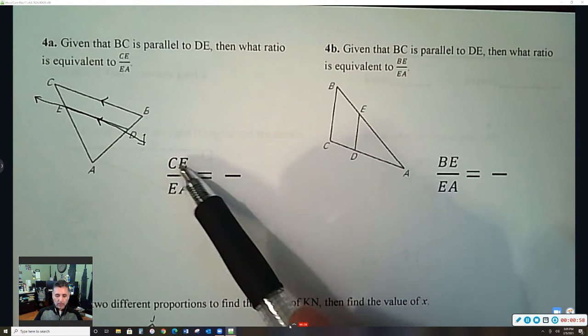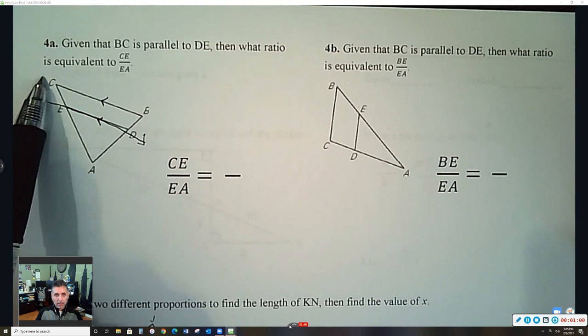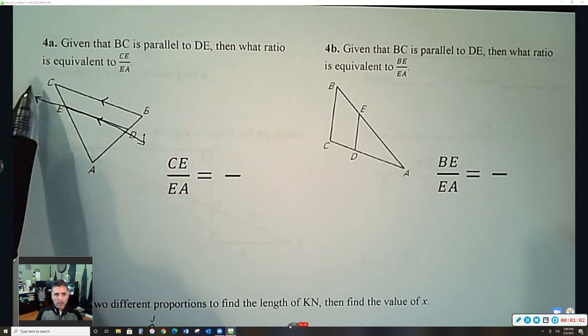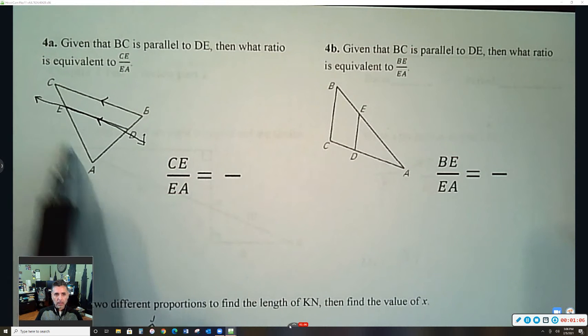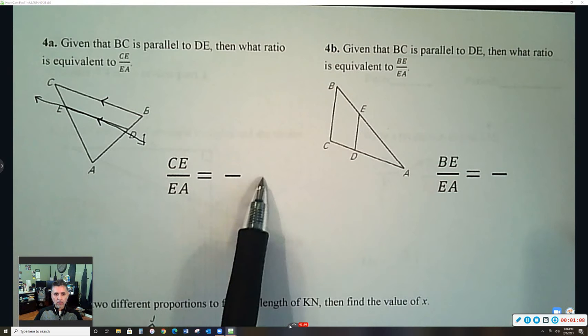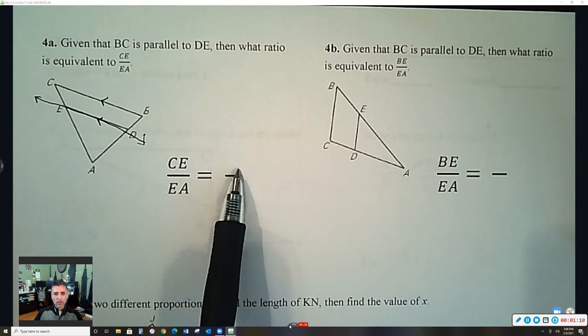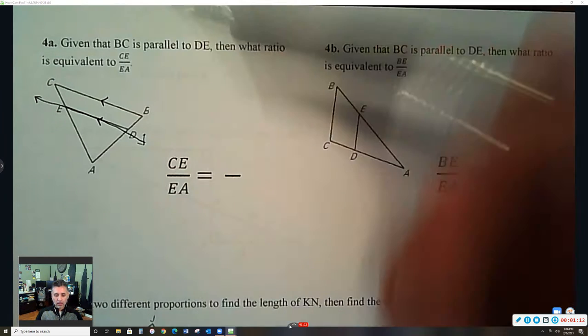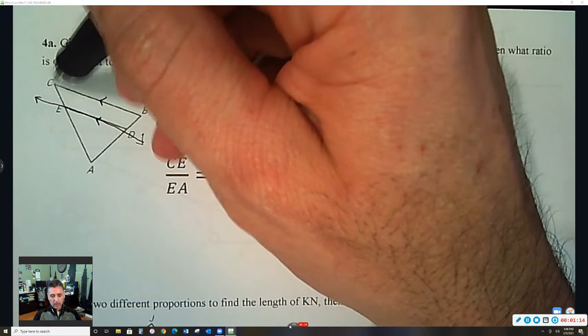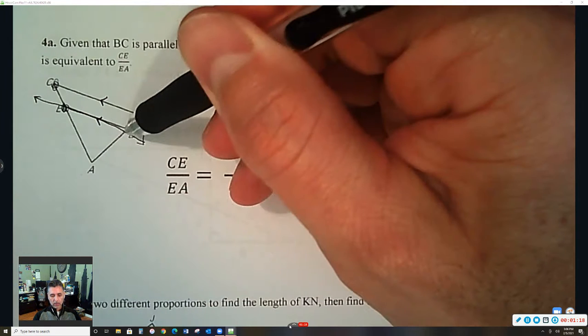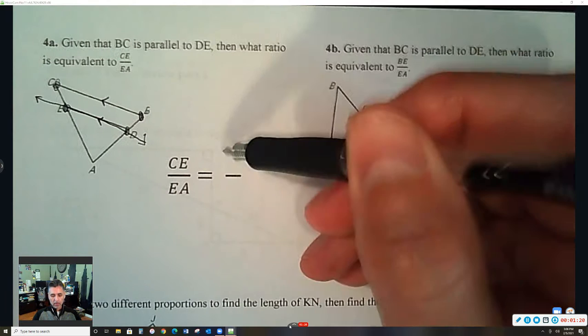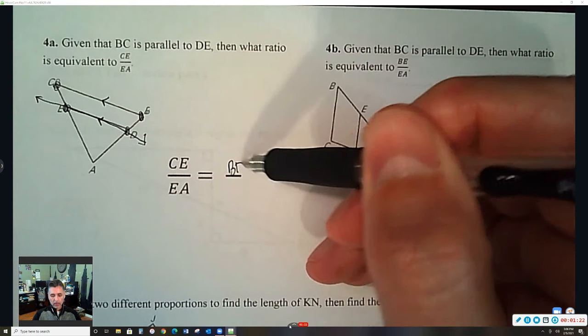So here we have CE. CE is this side, and on the bottom of that they wrote EA. So over here we have to put the matching ratio. CE is these 2 points, so that's going to match up with these 2 top points, BD. So here you would write BD.